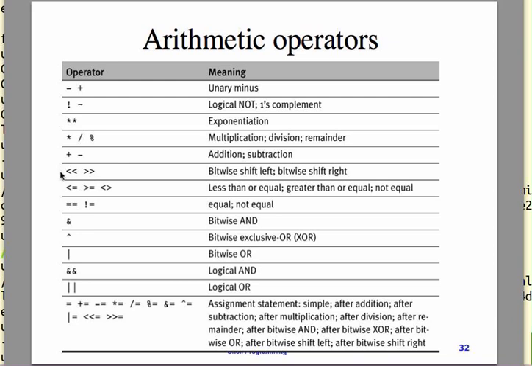You have these bitwise left shifts, which we will use actually. I'll talk more about that later. You need to know about how numbers are represented as bits to be able to use this effectively. You also have less than or equal to, greater than or equal to, and this is how you check for not equal to. You can also use the logical not operator and say exclamation equal to, and that's considered the same as not equal to.